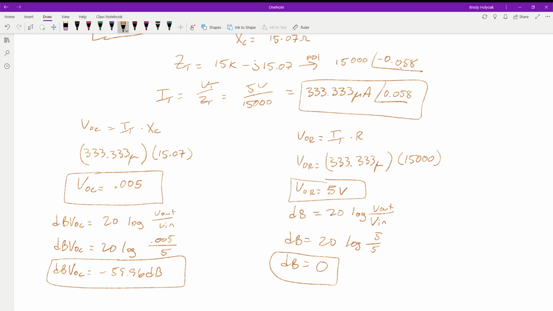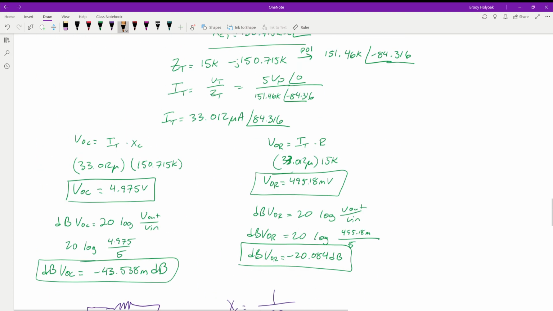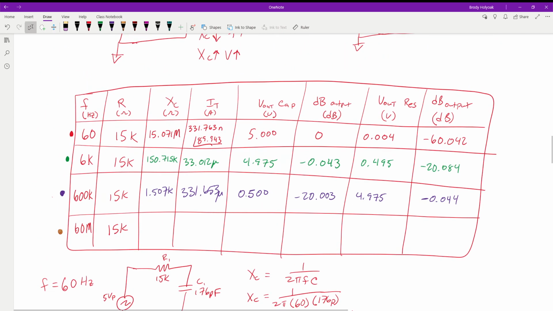Okay, so now that we have those values, let's go ahead and plug everything back into our chart and talk about it for a second. So we come back up here. The reactance we have was 15.07 ohms. The current total was 333.333 micro.